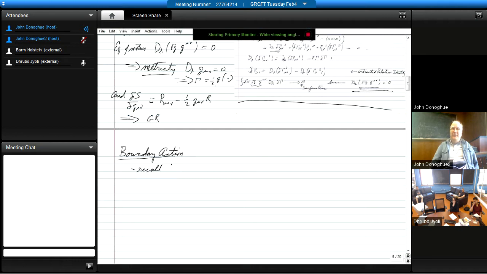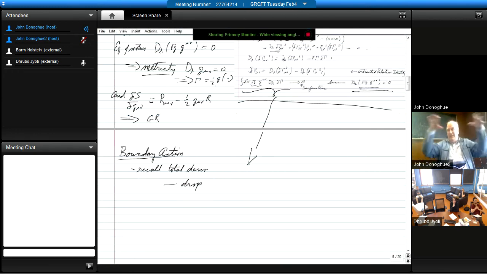So recall there was the piece that's sitting right here. I can just pull it down here. It sits there. I just dropped it.